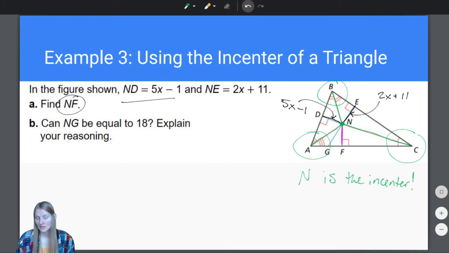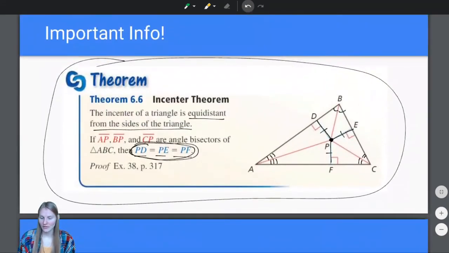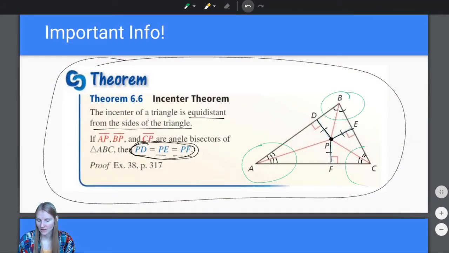N is the incenter because it is the point of concurrency of the angle bisectors. It is where the angle bisectors cross. So, if I have all the angle bisectors, then I know the distance from the incenter to each of the sides is the same.